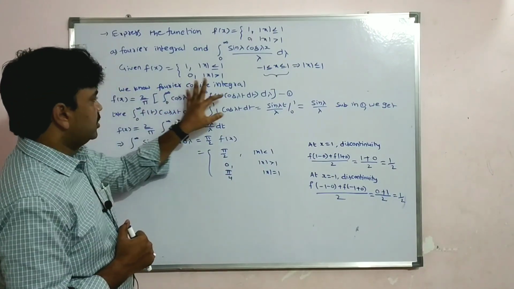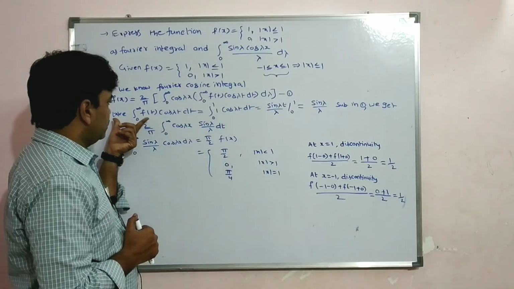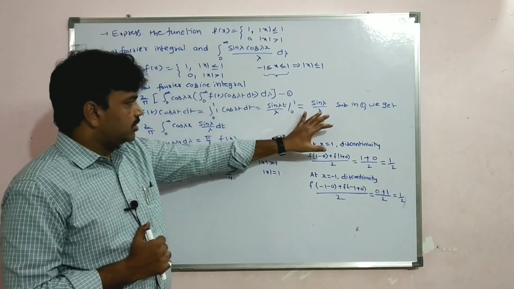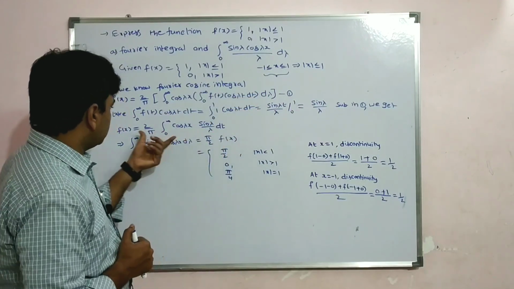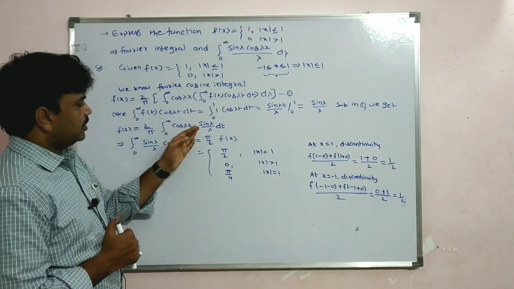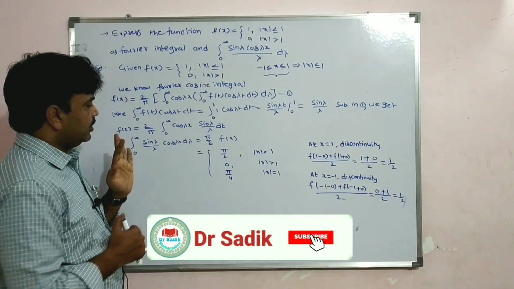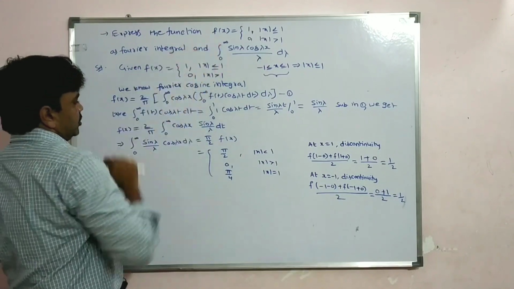So write down the Fourier cosine integral formula. First take the inner integral, evaluate this integration, we get this value, and substitute the value here in 1. We get f of x equal to 2 by pi integral 0 to infinity cos lambda x sin lambda by lambda d lambda. This is the Fourier integral of the function.